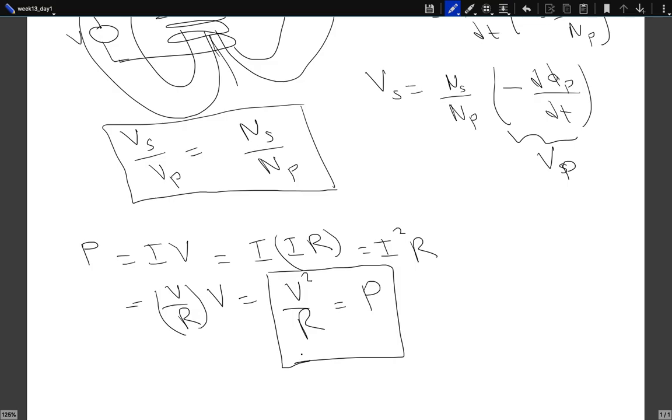Right? So why do we increase V? Now you see, this is the power dissipated by the resistor.